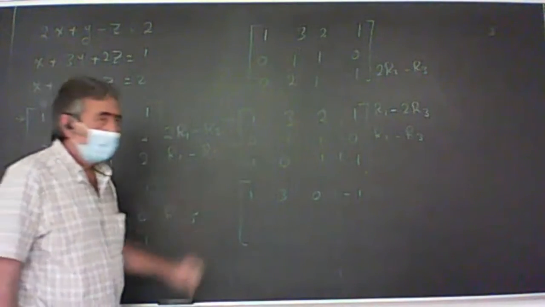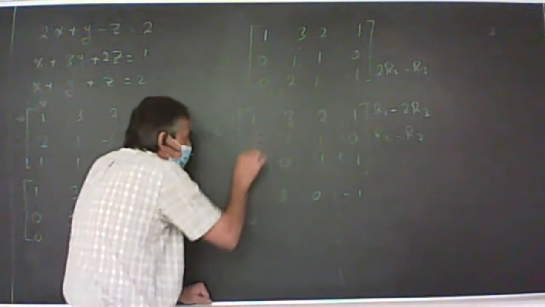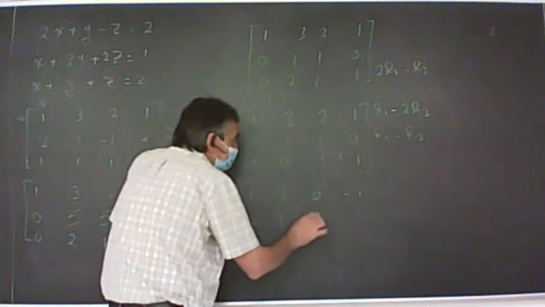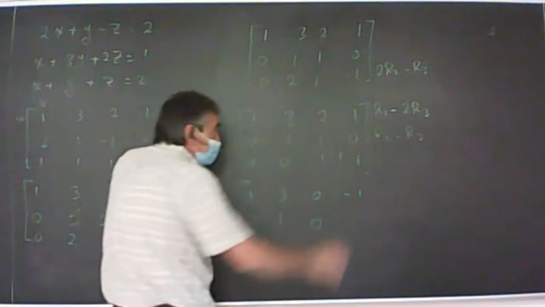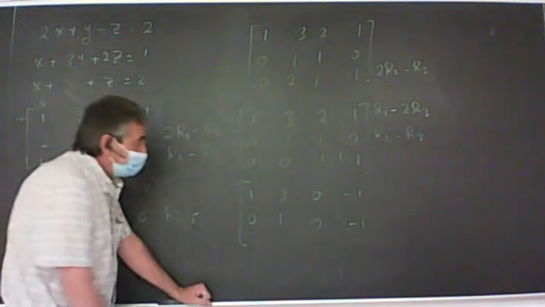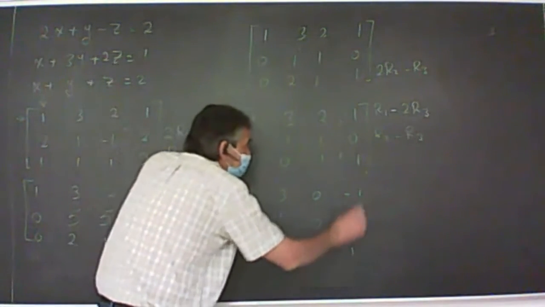Let's go with this one. It says this minus that. So we have a 0, 1 minus 0 is 1, 1 minus 1 is 0, and 0 minus 1 is a negative 1. And the last one is 0, 0, 1, 1.